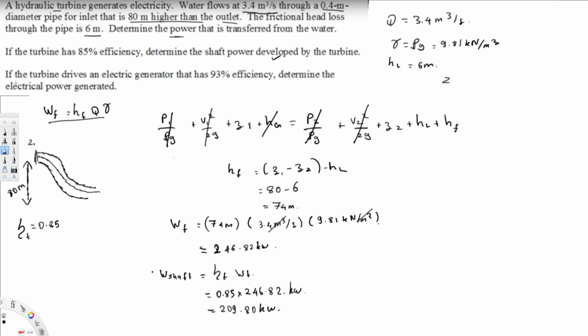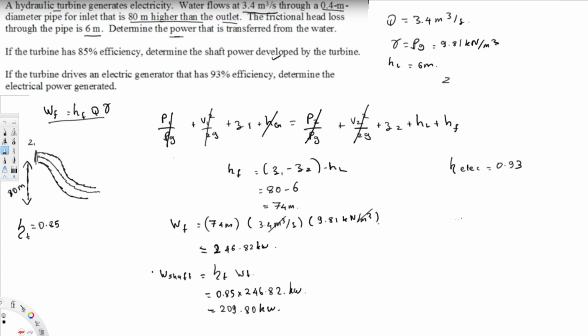The third question is asking if the turbine drives an electric generator that has 93% efficiency. So let's say this is eta electricity, and they have given this is equal to 93%, right? So we can divide this one by 100, and that gives us 0.93. That's eta electricity, and determine the electrical power generated.